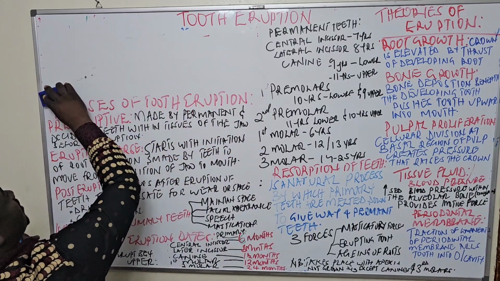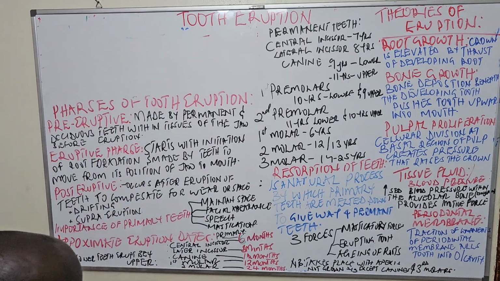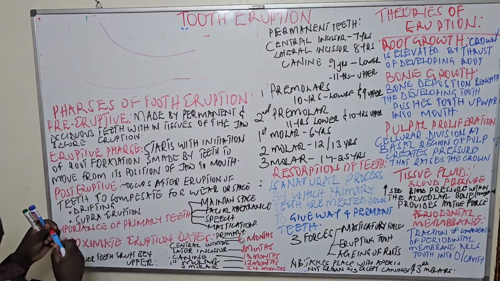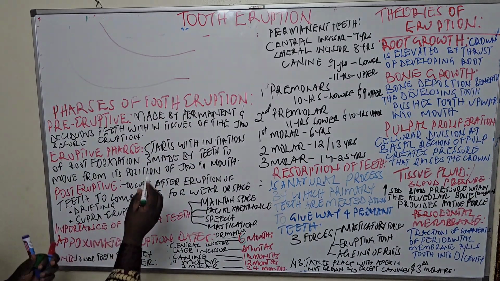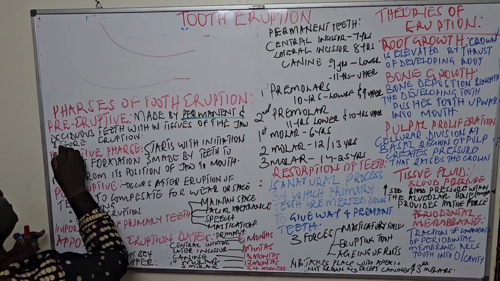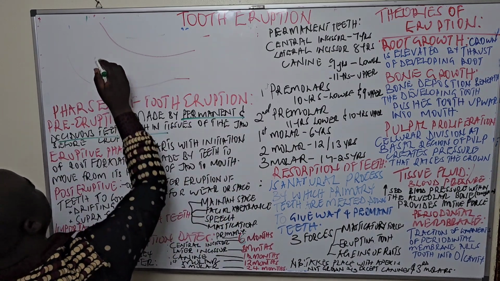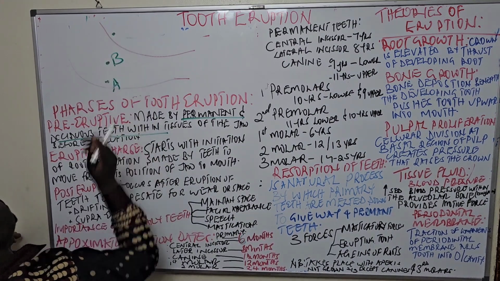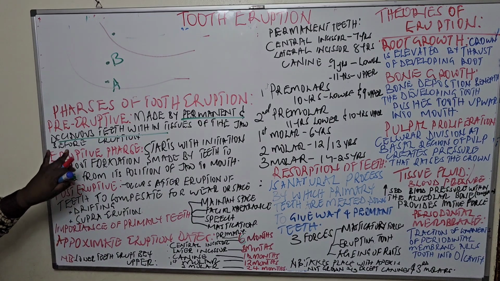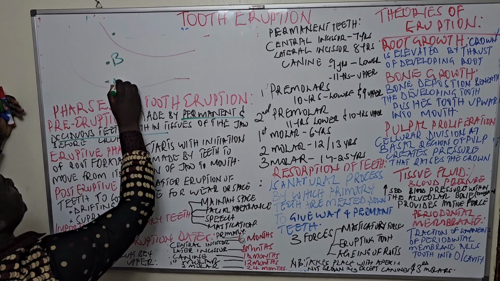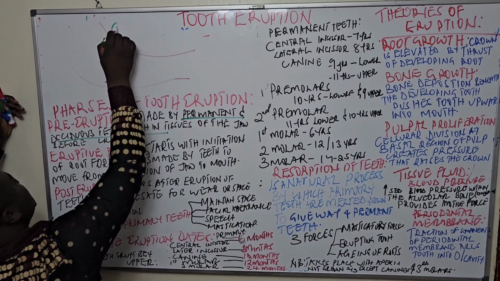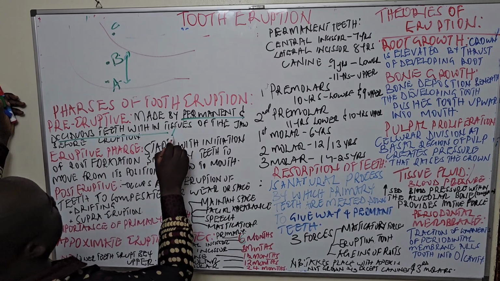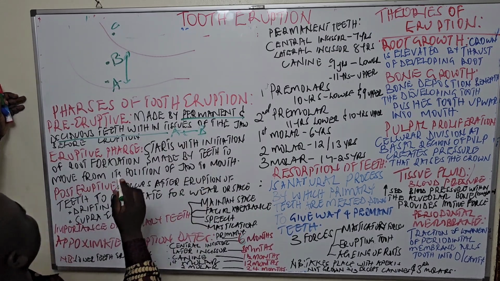Let's go to phases. We have phases of tooth eruption. These are made by both permanent and deciduous teeth within the jaw. Like we said, if this is A and this is B, the movement of a tooth from position A to position B, this is pre-eruptive.